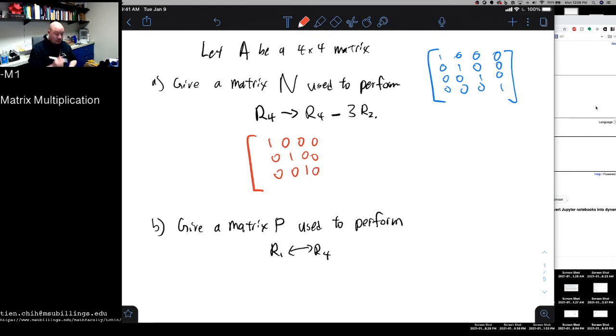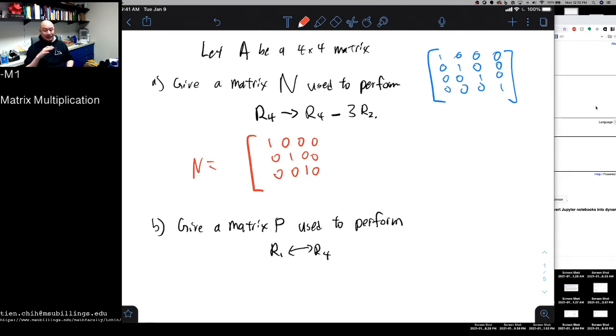And there we go. Those are the first three rows of N. If I take at least those rows and multiply it against any matrix, at least the first three rows are not going to be changed. And it really is just the last row that I want to adjust.